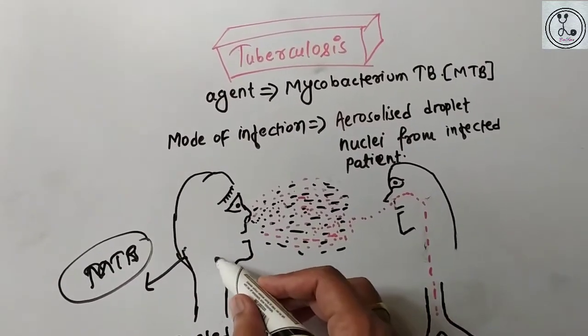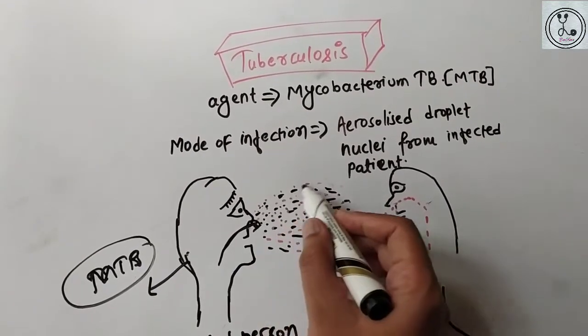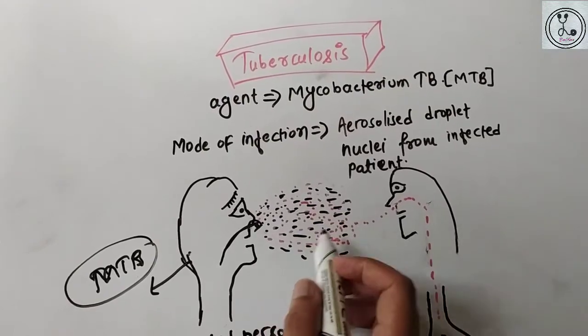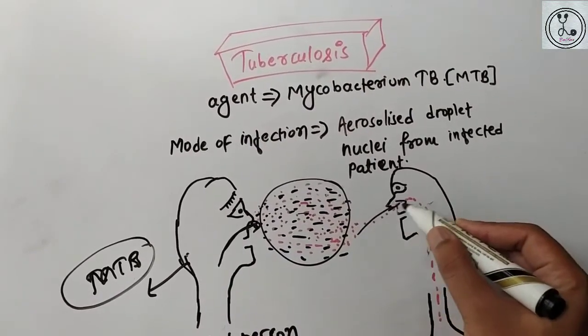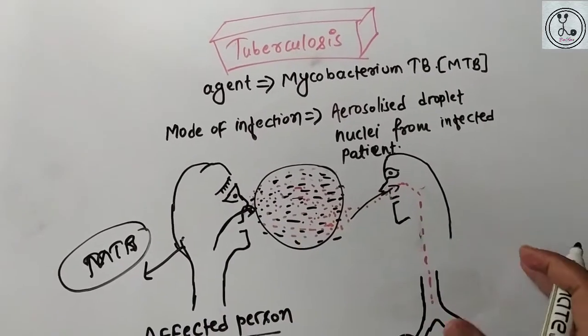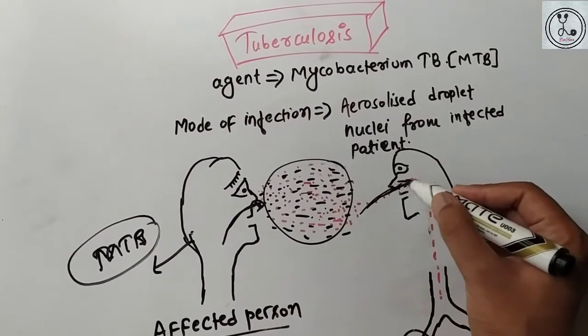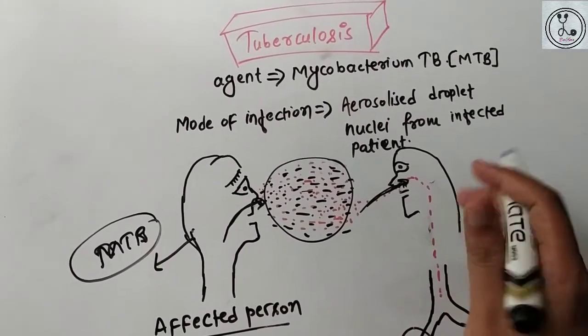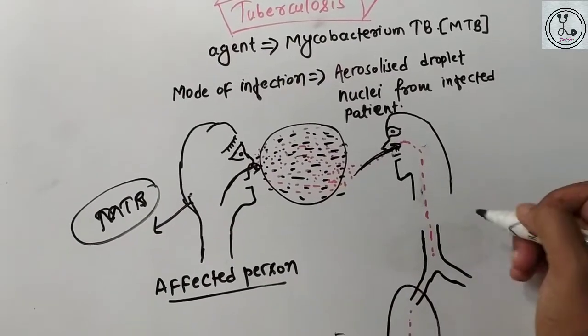When he sneezes, the respiratory aerosolized droplets come into the air, and that air is inhaled by a normal individual who is near him. Whenever these aerosolized droplets come in contact with the healthy person, they will eventually go to two places.